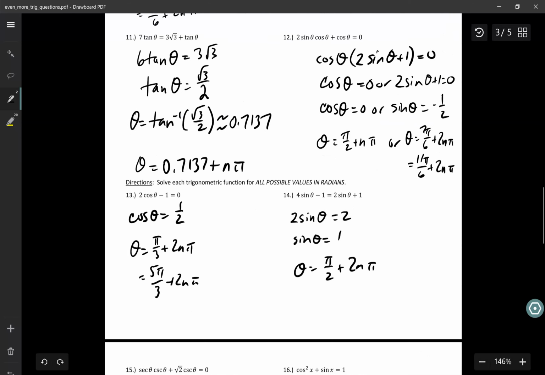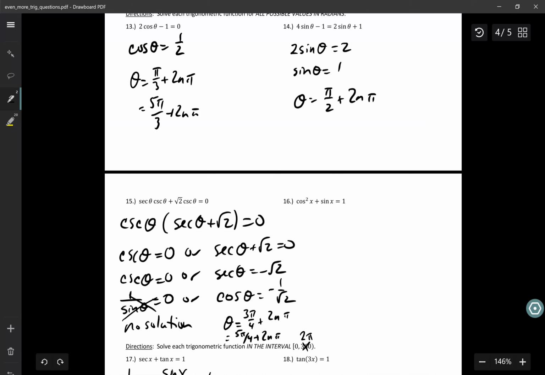All right, let's see if we've got a couple more down here. Let's look at 16, another one of these where we need to use an identity. I want to get everything in terms of sine, because I see the sines to the first power, and this one I know something I can plug in for it. So I get 1 minus sine squared x plus sine x equals 1.